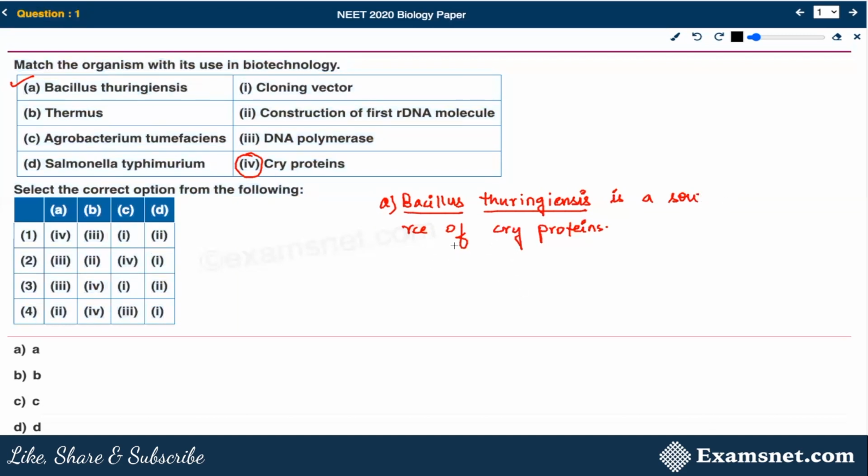So this is the very first important match that we have seen. The option for A will be the fourth.